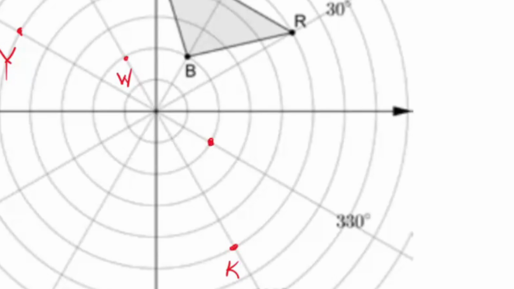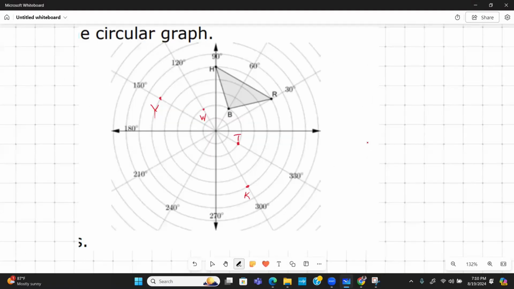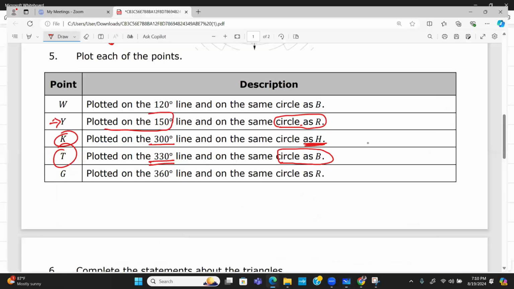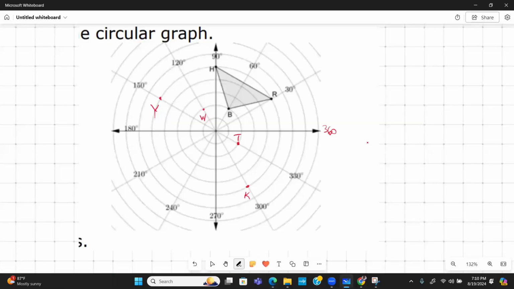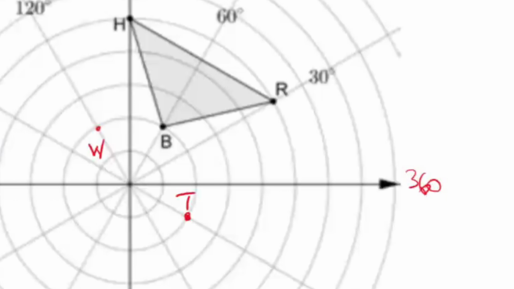This is T. Lastly, we're looking for G. G is on the R circle, and it is going to be where 360 is. It's right here. And so we have G right here.